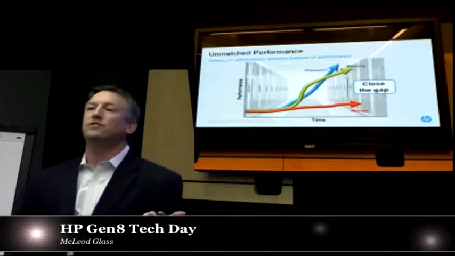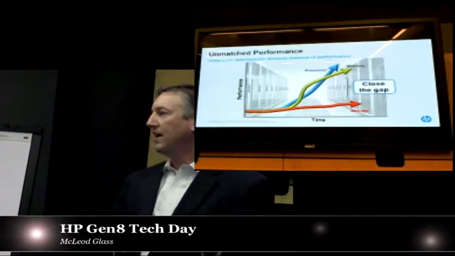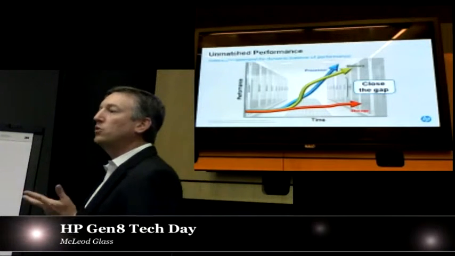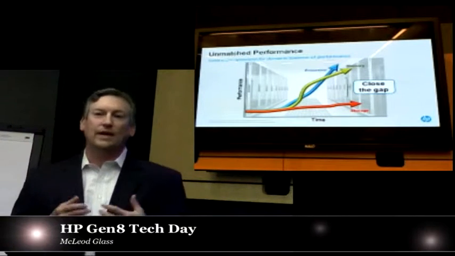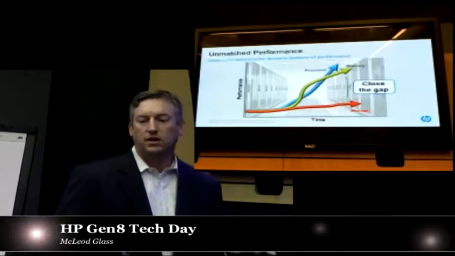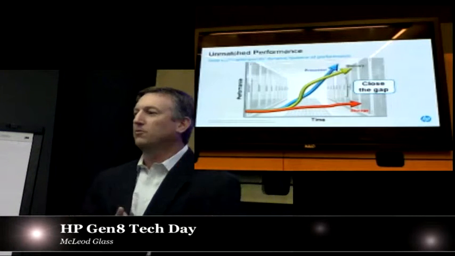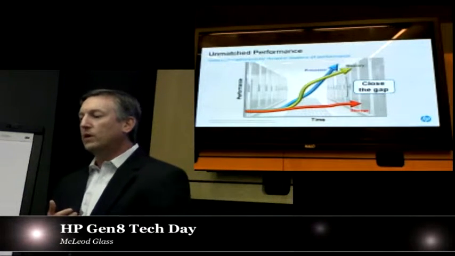As we went to G6, it took about 1,200 spindles. And in G7, it took over 2,000 spindles. So when it came to our ProLiant Gen 8 servers, we didn't have enough spindles in the building to drive that higher end performance number. And so we had to go address that.